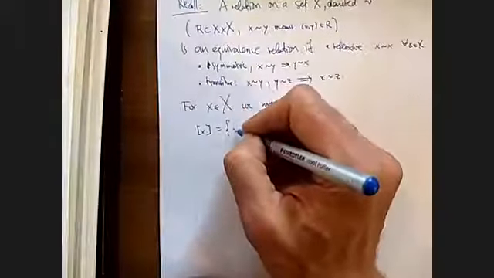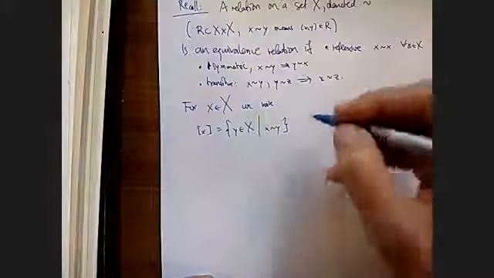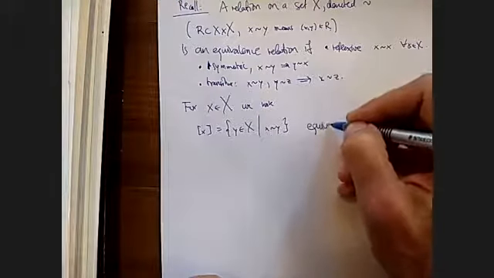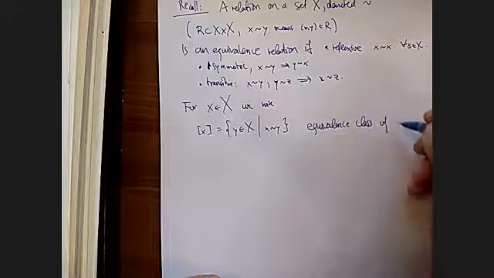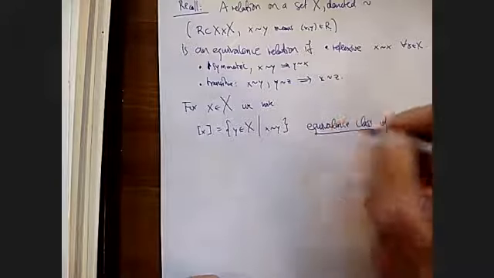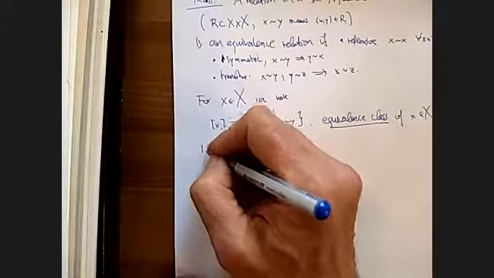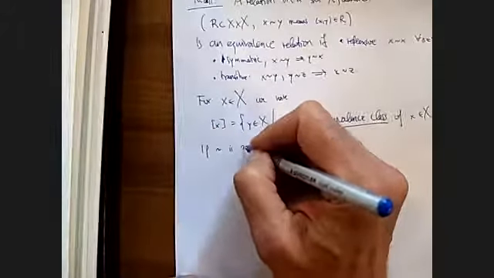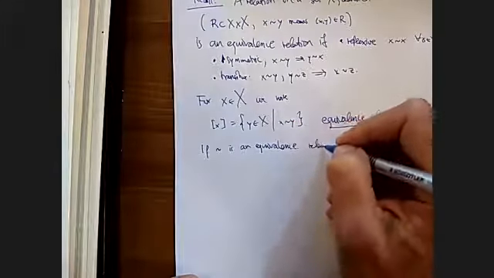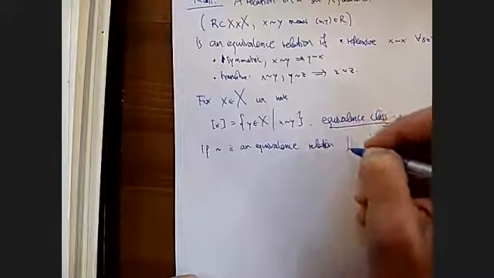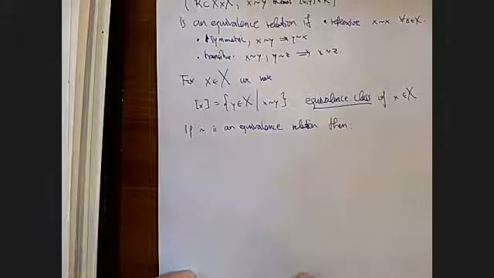This is the set of all Y in the set such that X is equivalent to Y. And this is the equivalence class of the element X of the set X. And so if tilde is an equivalence relation, then we have the following facts for the equivalence classes.